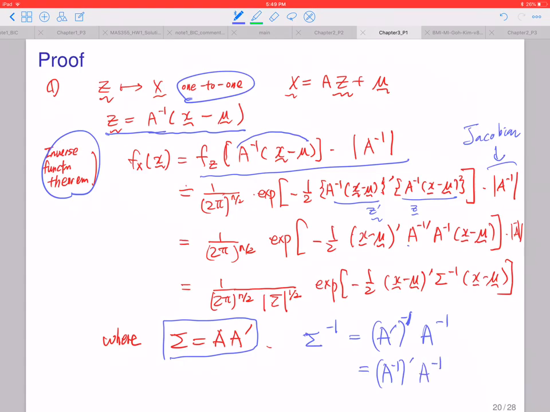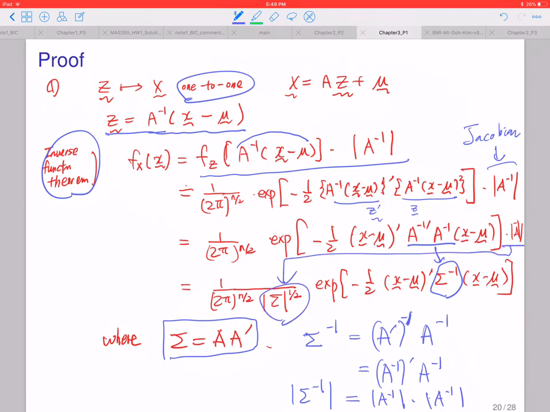That's how we obtain this one. And then also the determinant of sigma inverse is determinant of A inverse times determinant of A inverse, right? So that's why we have this result. So this one becomes this, because of the last result.